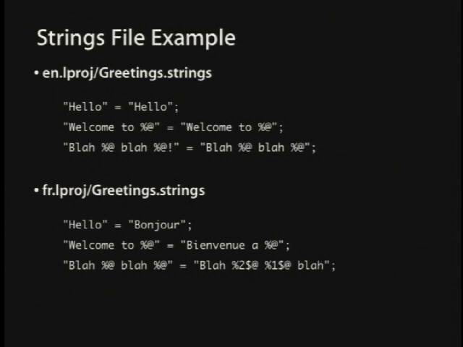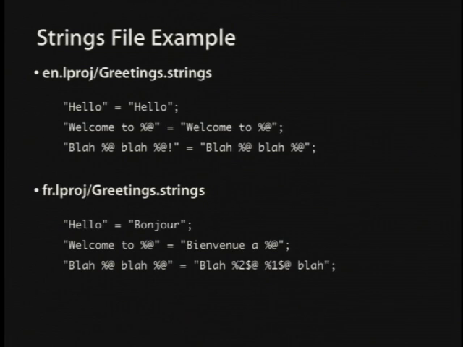And then we've got blah %@, and in every case, the key and value are the same. When we go to convert those to French, obviously we can just translate the hello. In the second case, for welcome to, we can just translate that as well. Now, in the third case, and you may find in other languages you actually have this problem more often than not, we're actually inserting two different strings into that format string there. But let's say that in French, we actually have to swap these.